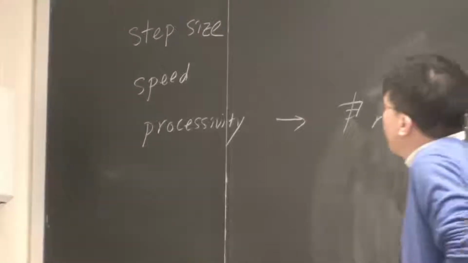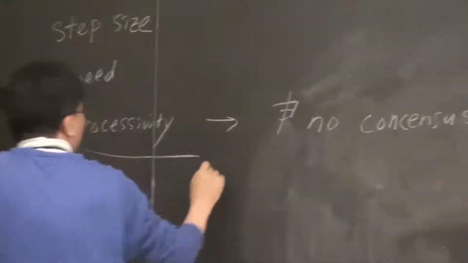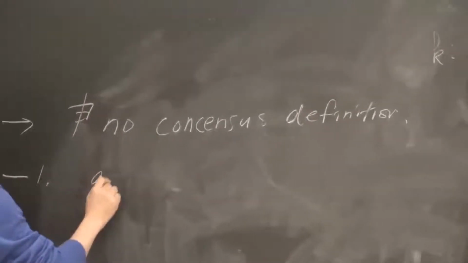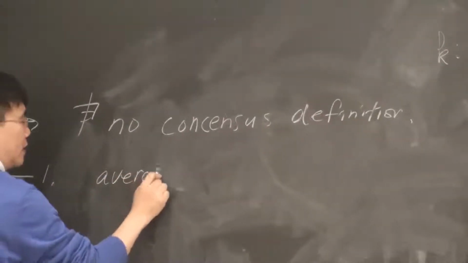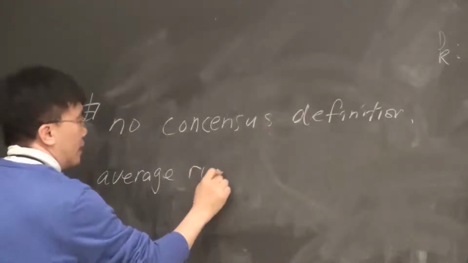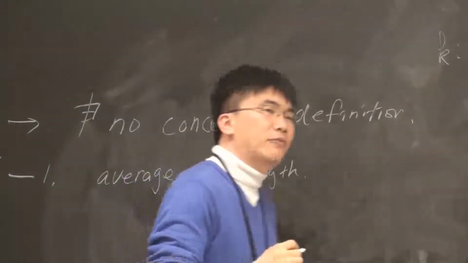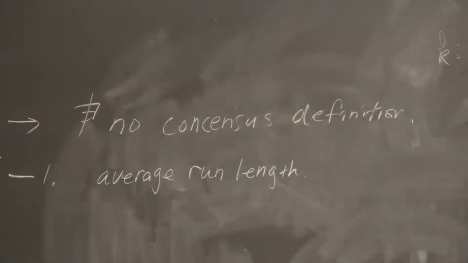Some people use this term to denote one definition. Definition number one would be the average run length. So when kinesin binds to the track, how far does it go before falling off?